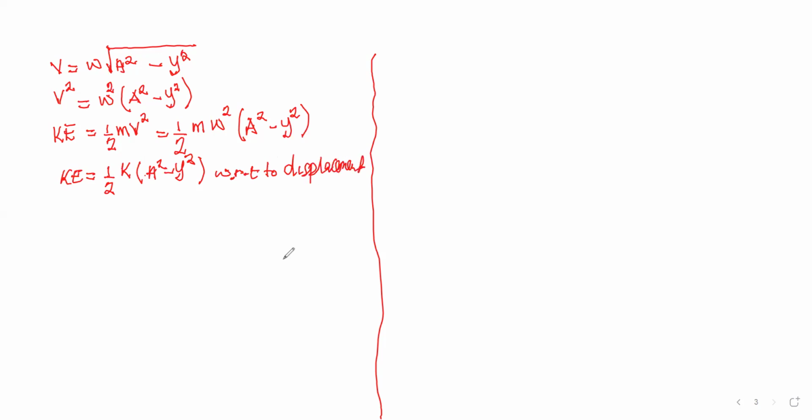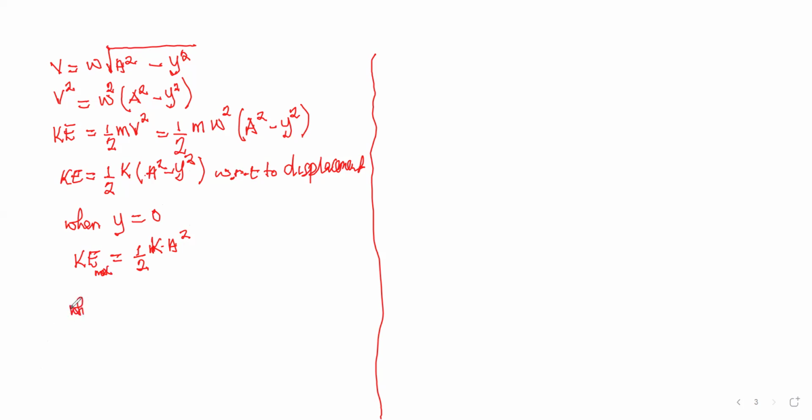And we can use this to ascertain where KE is maximum and where KE is minimum. When y is equal to 0, KE is equal to half K A squared, which gives us the expression of maximum kinetic energy.